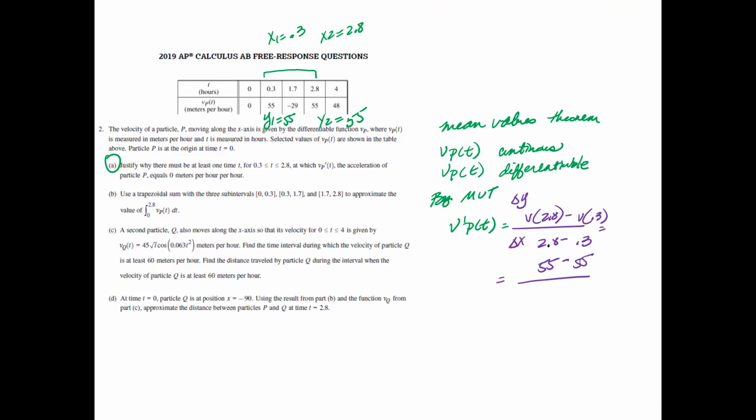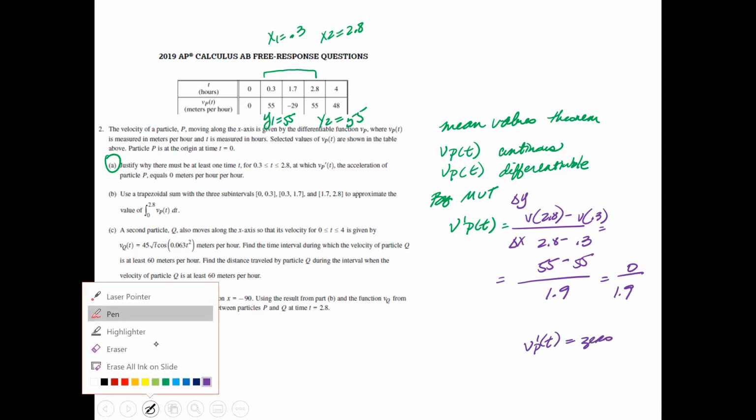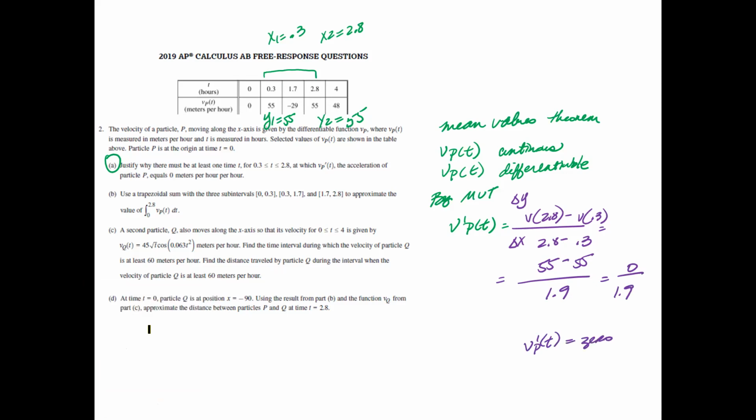And then, of course, 2.8 minus 0.3 is going to give me a 2.5, while in the numerator, it's a 0. So therefore, V prime of T is equal to 0 as well, which helps me in this situation because it asks me why does it equal 0 meters per hour per hour, in which case it does.